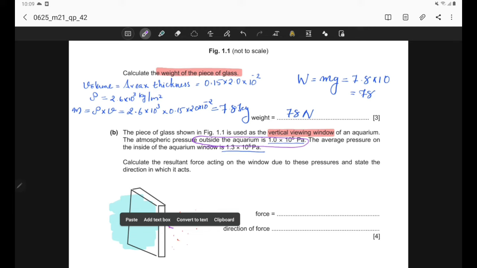That pressure is 1.0 times 10 to the power 5 Pascal.